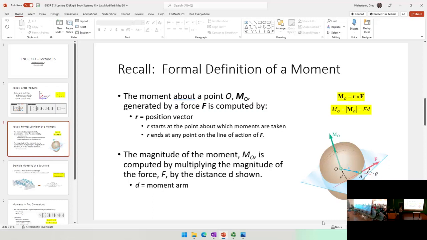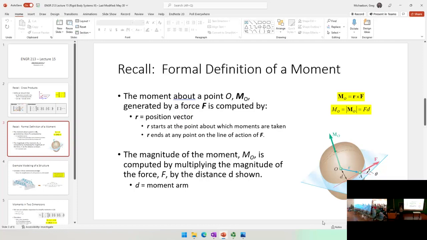If I have a force out in space and I am concerned about some point, we'll call this point O, then the moment vector generated by that force is equal to r cross F. F is the force vector, in ijk notation, and r is a position vector that starts at the point in question and ends at any point along the line of action of F.